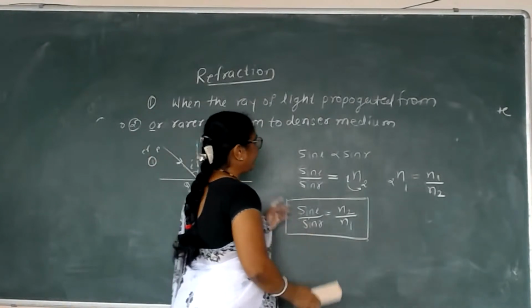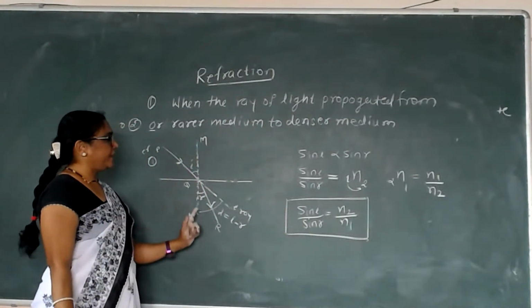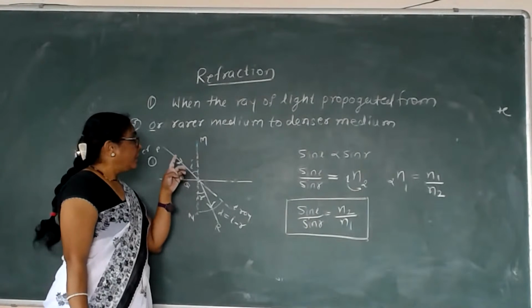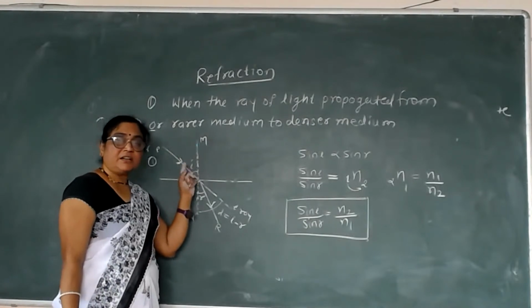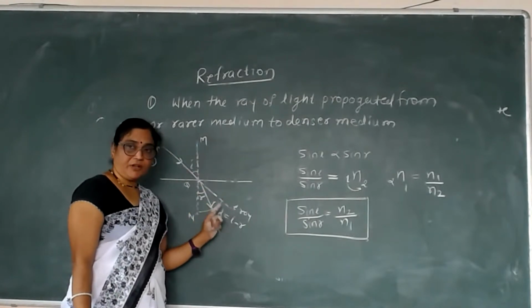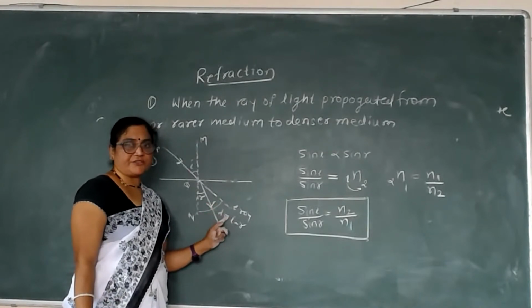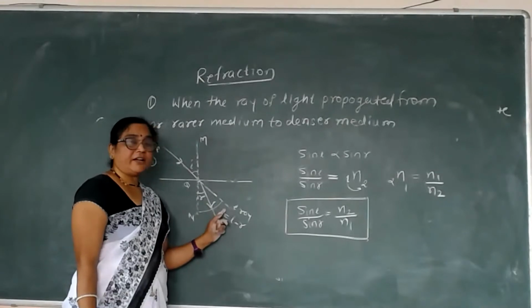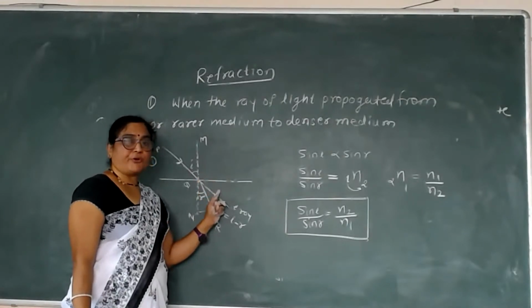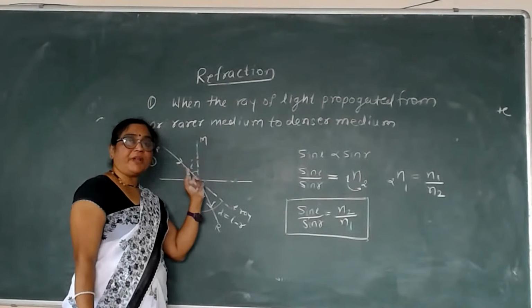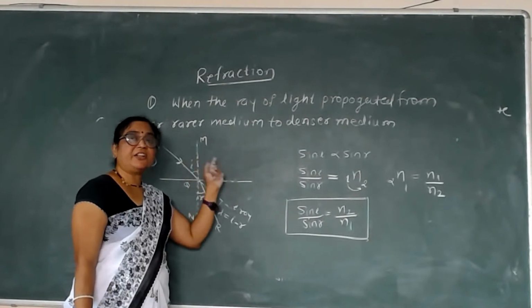When the ray of light is propagated from rarer to denser, due to the change in velocity, the direction changes. If the ray of light is composite, there are different colors.